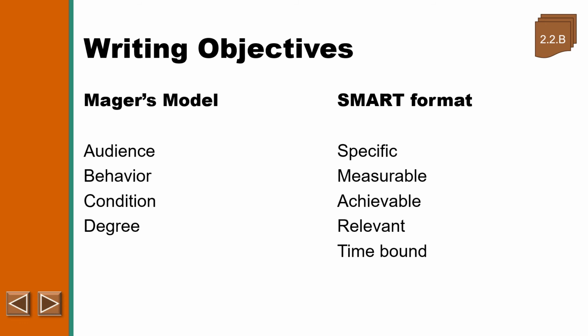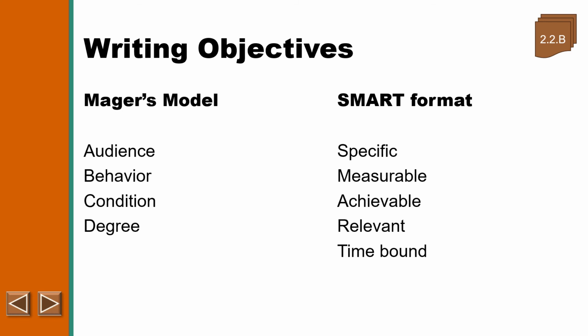The objective identifies the audience, identifies the behavior, identifies the condition, identifies the degree, check, check, check, and you are done. The SMART format is a little bit more holistic. It has these 5 attributes: specific, measurable, achievable, relevant, and time-bound. And if all of those are fulfilled, then you're going to have what you want for an objective.